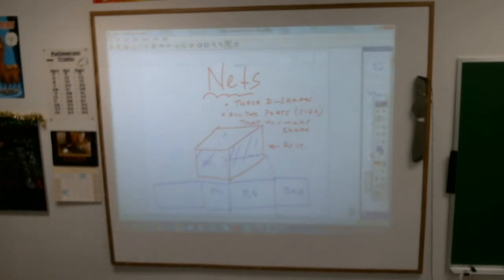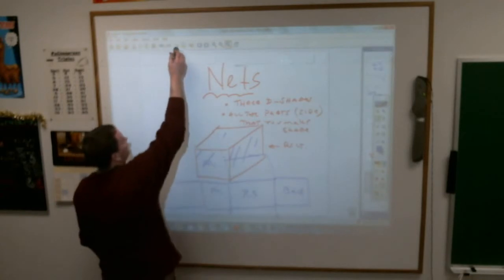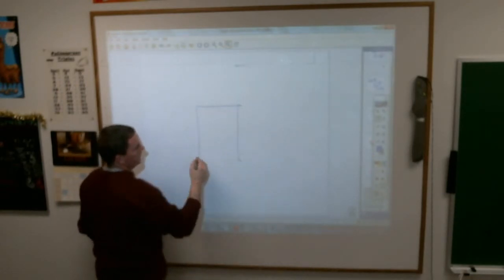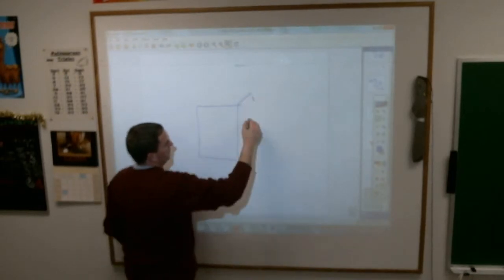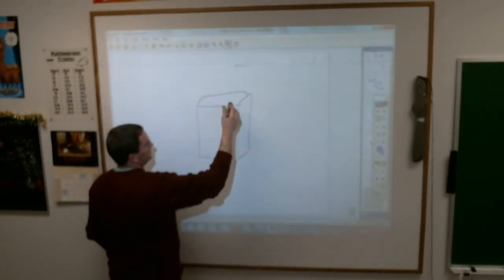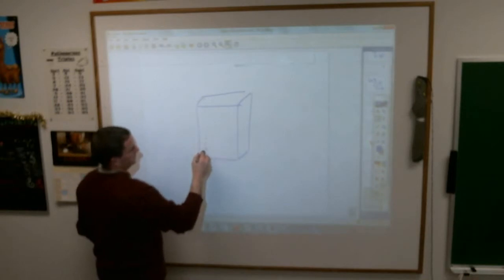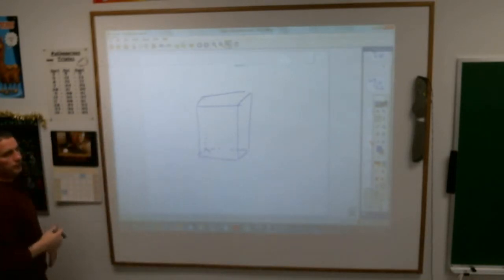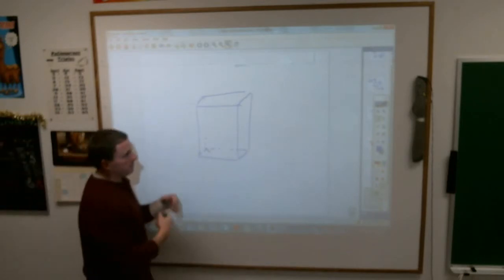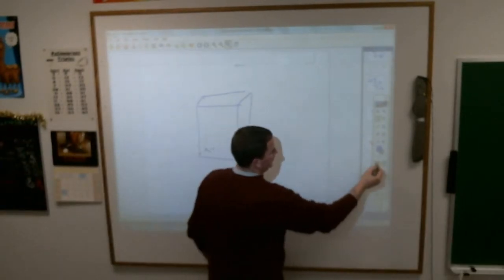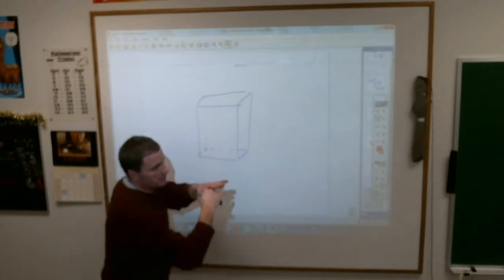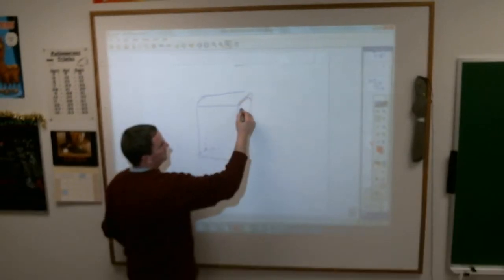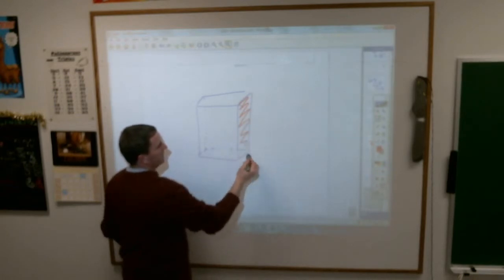Okay. Another example might be, let's look at a cereal box. Here's your cereal box. Maybe you could go do this at home. If you cut all the seams of the cereal box, or just the seams, and wanted to lay it completely smushed out and flat, let's say here's my right side.